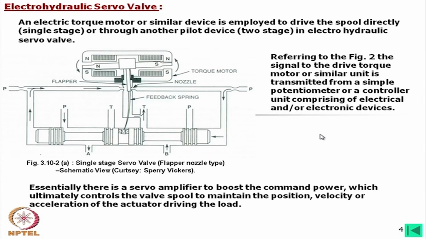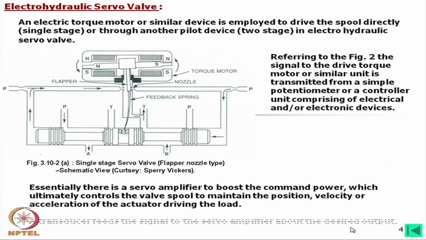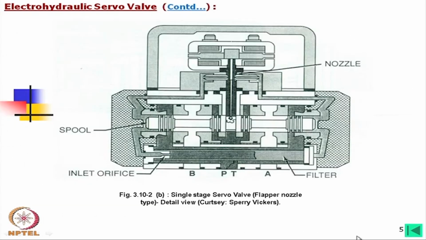Essentially, there is a servo amplifier to boost the command power, which ultimately controls the valve spool to maintain the position, velocity or acceleration of the actuator driving the load. A transducer feeds the signal to the servo amplifier about the desired output. This I have already discussed.